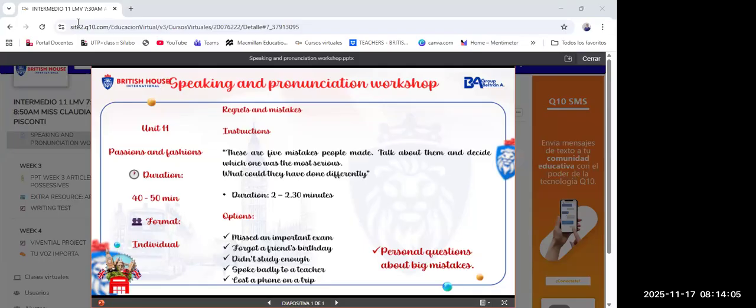A more responsible person will check the schedule carefully to avoid that situation. Someone who had missed an exam in the past would probably have felt terrible.